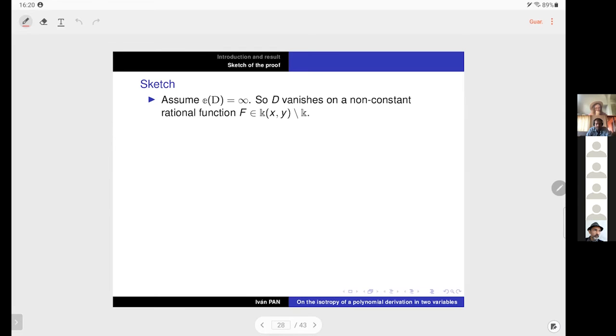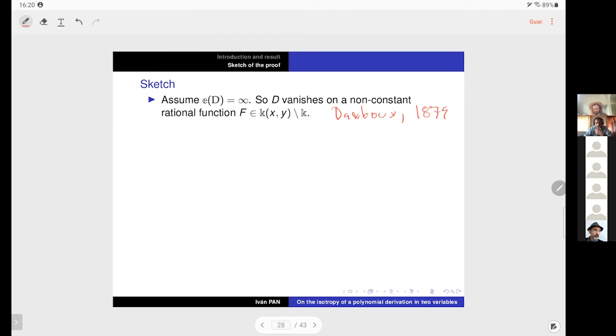So, under this hypothesis, D vanishes on a non-constant rational function. This is a classical result, very old, from 79.